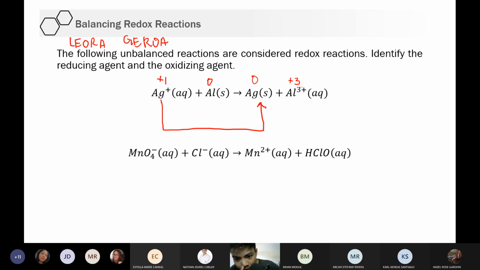What do you think happened? Okay. Reduce. Okay. So, pag nabawasan ng charge, ibig sabihin nun, nadagdagan ng electron. Always keep in mind na kapag bumaba yung oxidation number, reduction yan dapat. Okay. Tumaas yung oxidation number, oxidation.